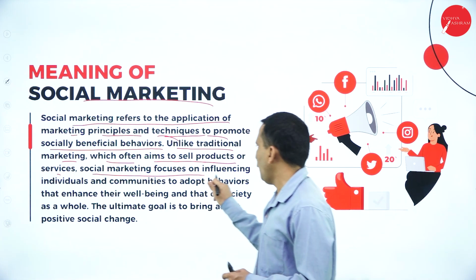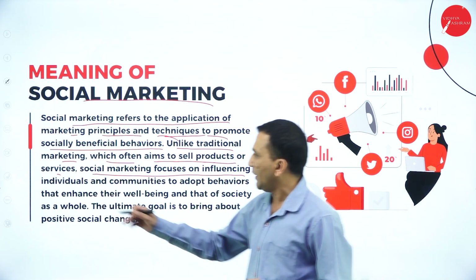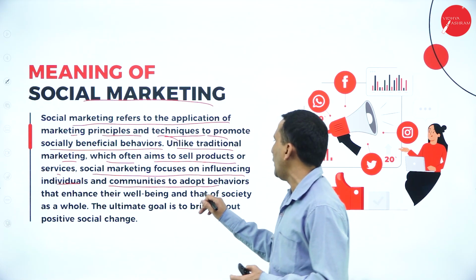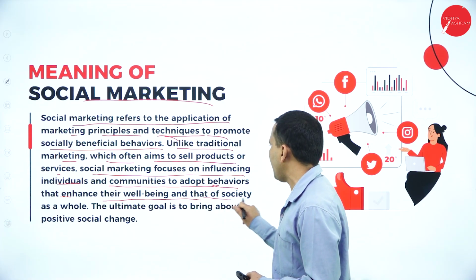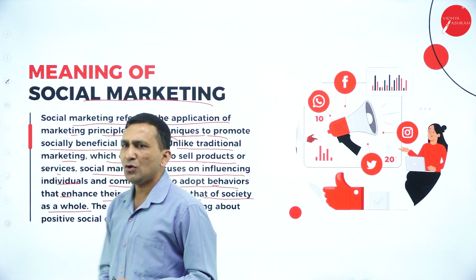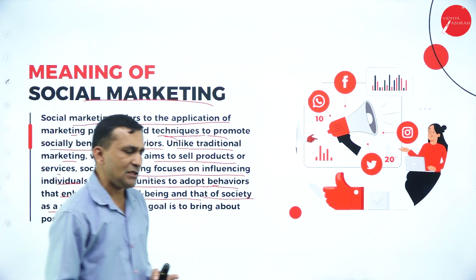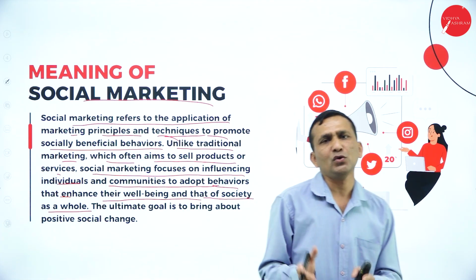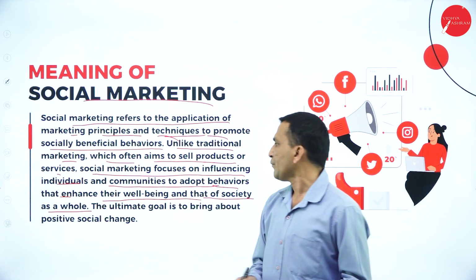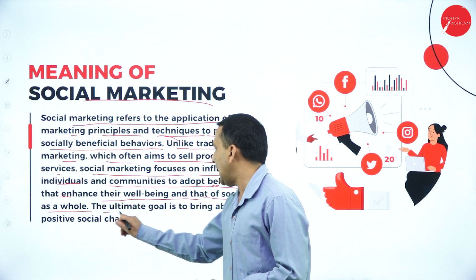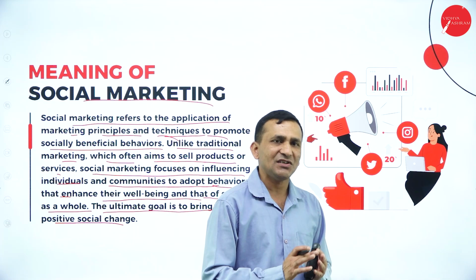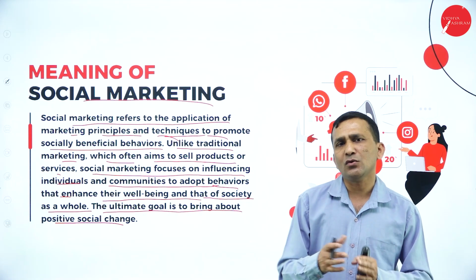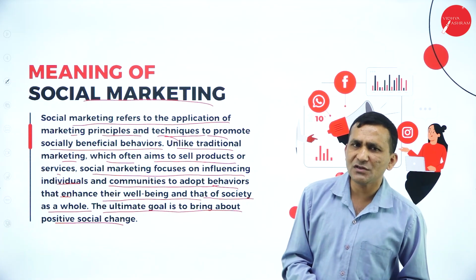The social marketing focuses on influencing individuals and communities to adopt behavior that enhances their well-being and that of society as well. So not only for the individual consumers but also the community we are approaching based on social marketing. The ultimate goal is to bring about positive social change. Whatever changes are going to happen here, we are considering only the positive.